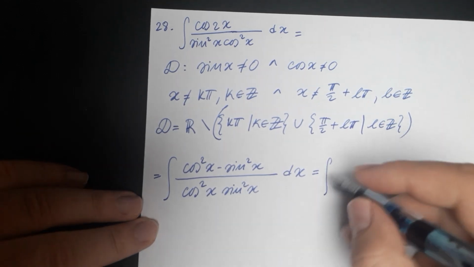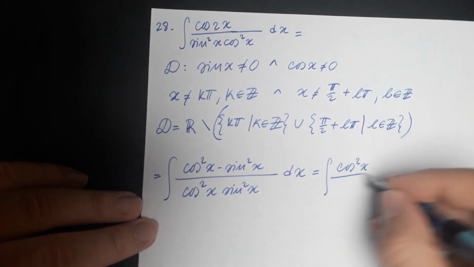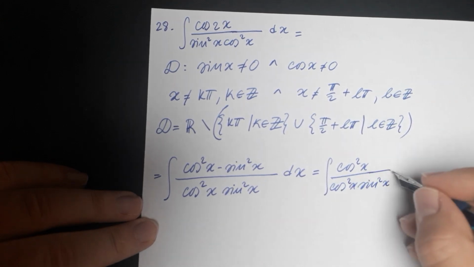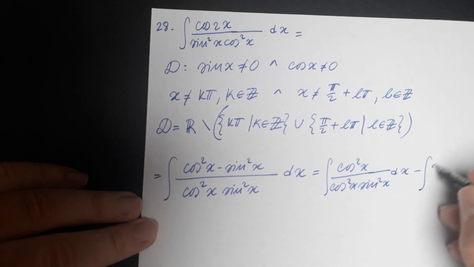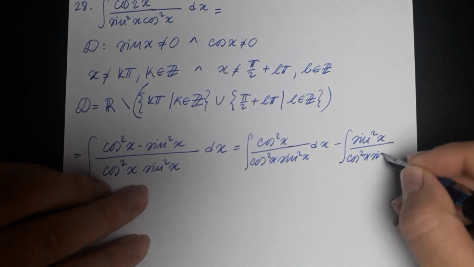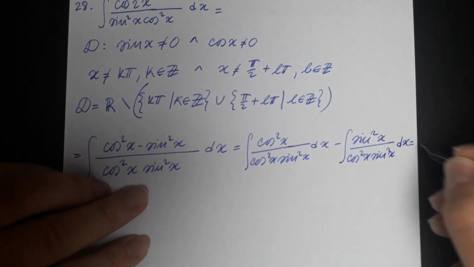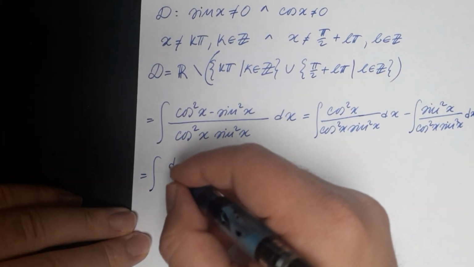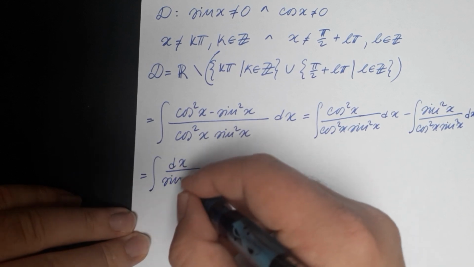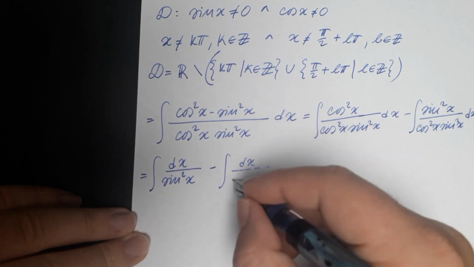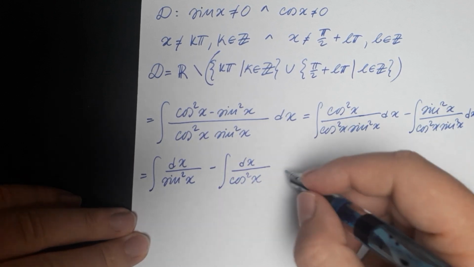Well, that is then equal to an integral of cosine squared of x divided by cosine squared of x sine squared of x dx minus an integral of sine squared of x divided by cosine squared of x sine squared of x dx, which is then equal to an integral of dx divided by sine squared of x minus an integral of dx divided by cosine squared of x.